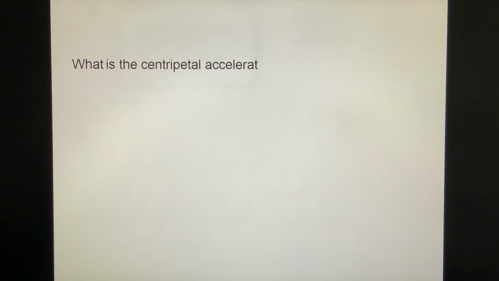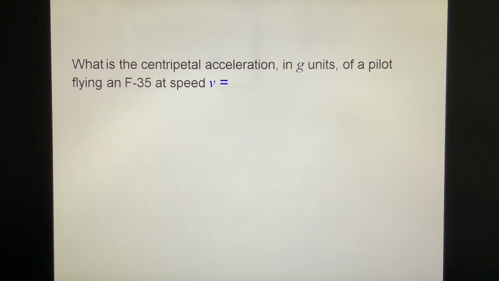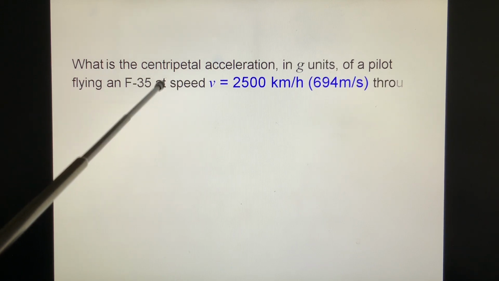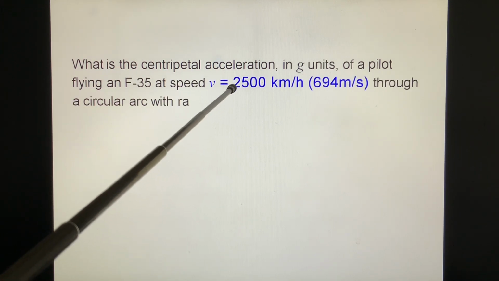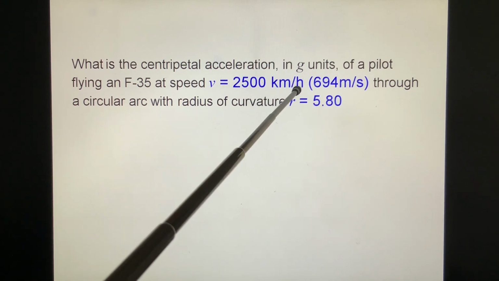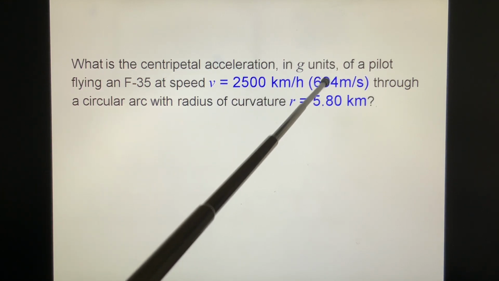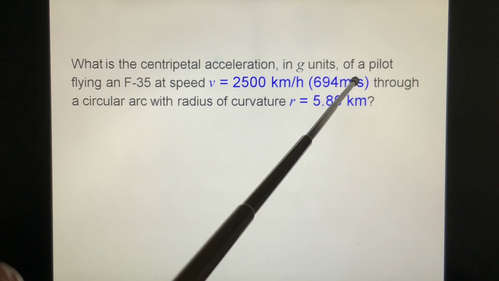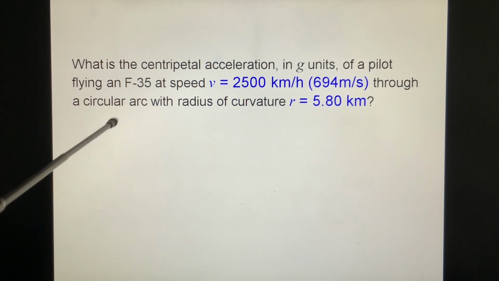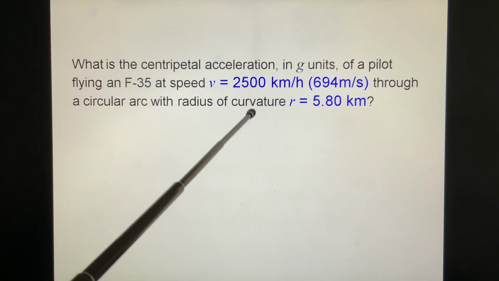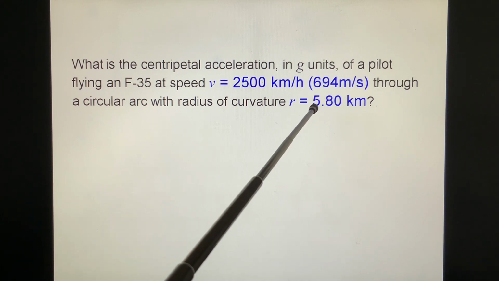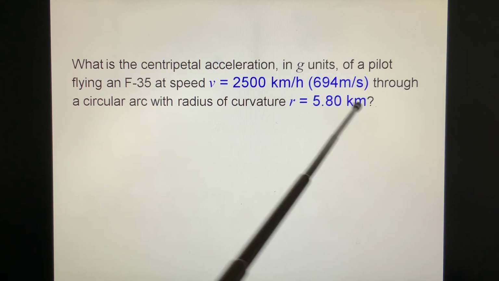What is the centripetal acceleration, in g units, of a pilot flying an F-35 at speed V of 2,500 km per hour, that is 694 meters per second, through a circular arc with radius of curvature R of 5.80 kilometers?